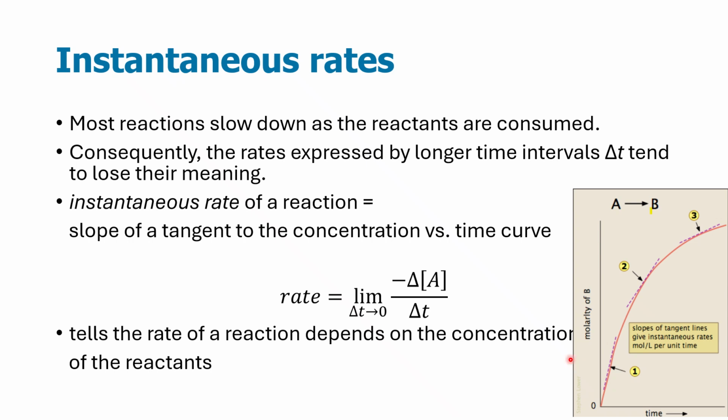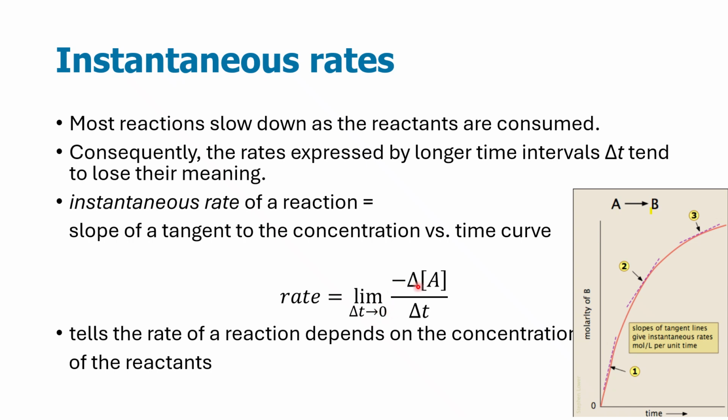If you have studied differential calculus, you will know that these tangent slopes are the derivatives whose values can vary at different time points on this curve. So these instantaneous rates rely on the limiting rate defined as the equation given here, where the rate equals the limit as delta t approaches 0, meaning that the change of time is very small.